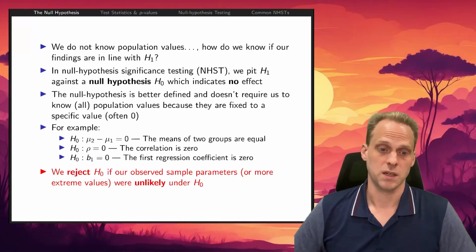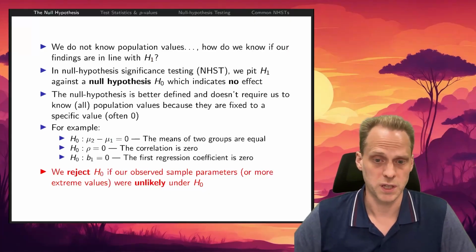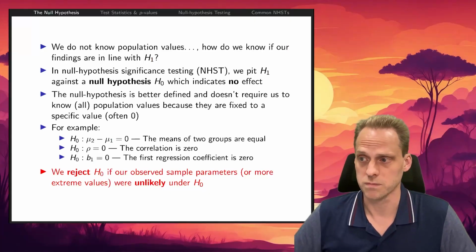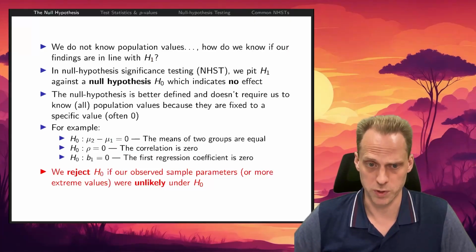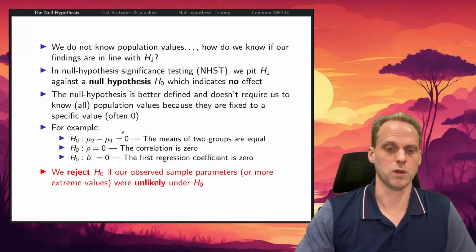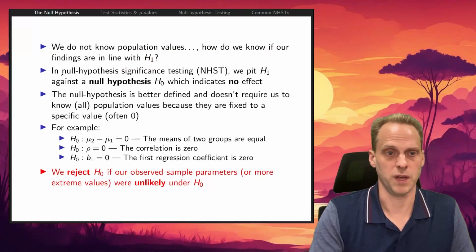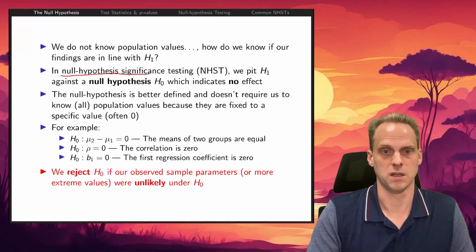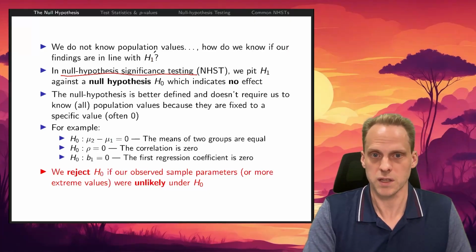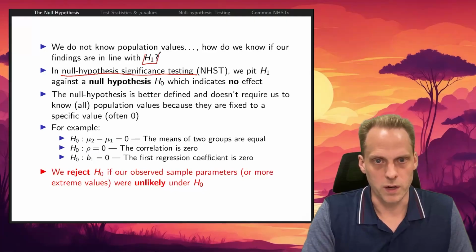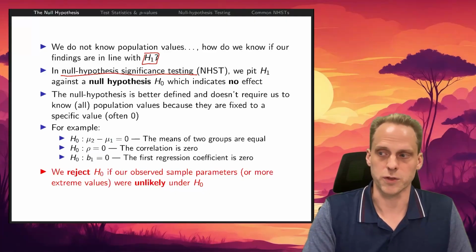We reject H0, our null hypothesis, if our observed sample parameters, like the sample mean, take on such extreme values that they were unlikely to occur under the null hypothesis. And this is the core idea in null hypothesis testing. It's interesting because, and this is why the Bayesians can disagree with this as well, we are interested in H1, our alternative hypothesis.